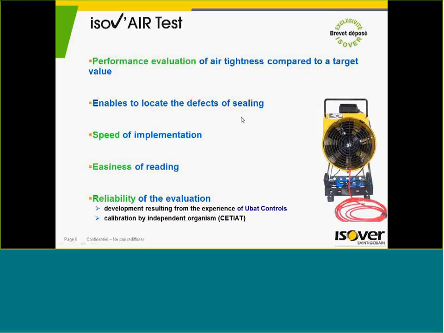For example, if you want a house with a Q4 of about 0.6, you set the machine at 0.6, and when you do the measurement, the machine will say if you are in the red part, which is the bad one, or in the green part, which is the good one.